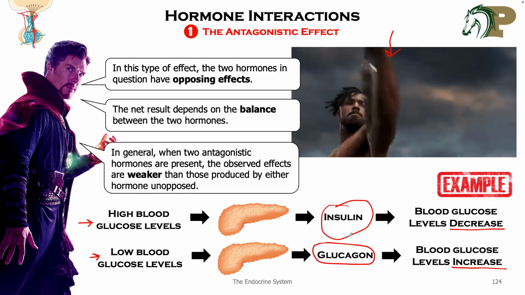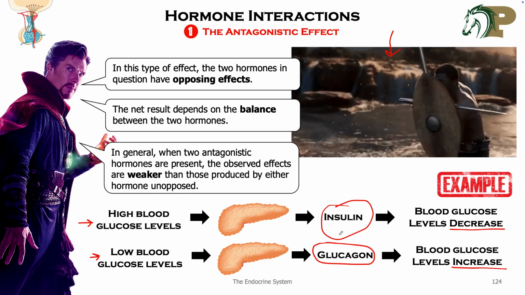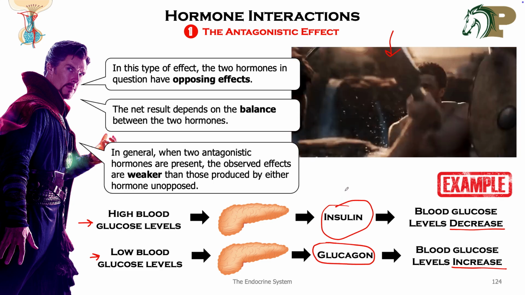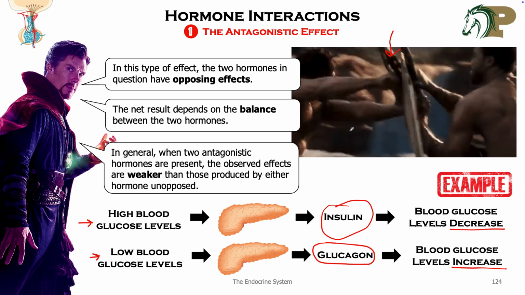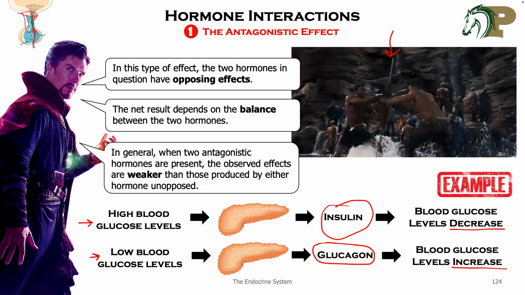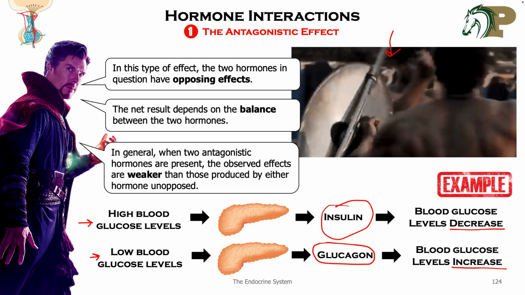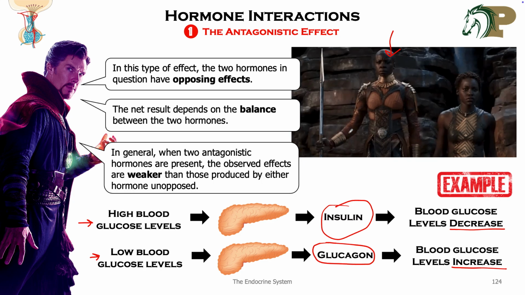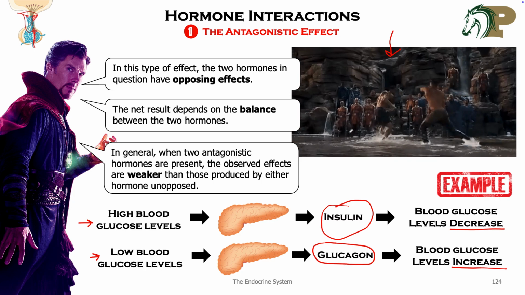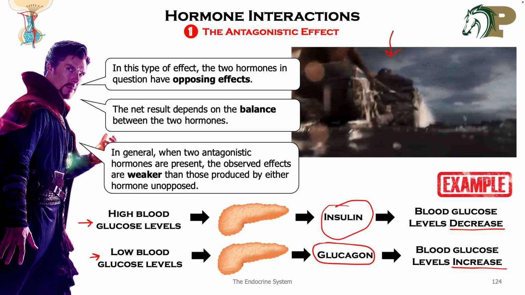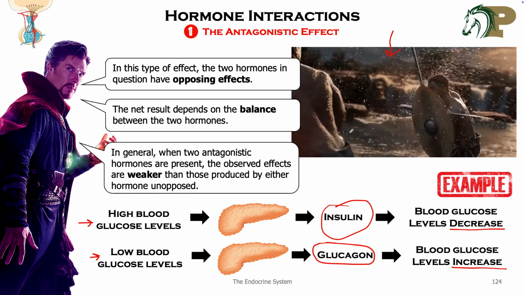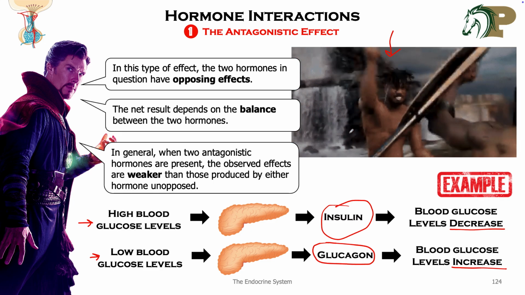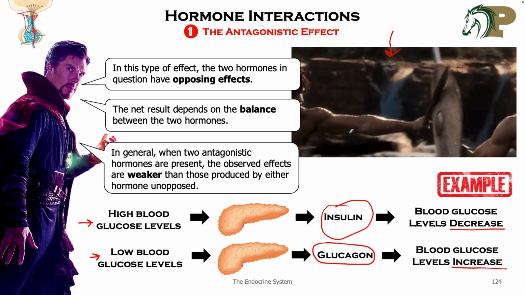So these 2 hormones, insulin and glucagon, you can think of as T'Challa and N'Jaka in this clip, opposing one another, but the balance that they produce is ultimately beneficial. So that's the antagonistic effect.